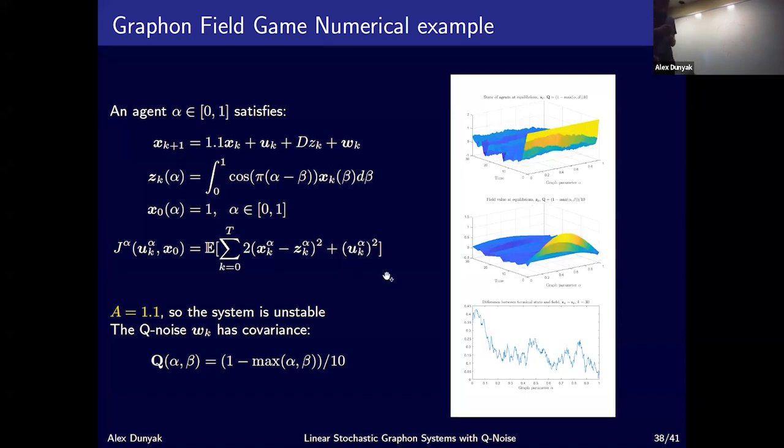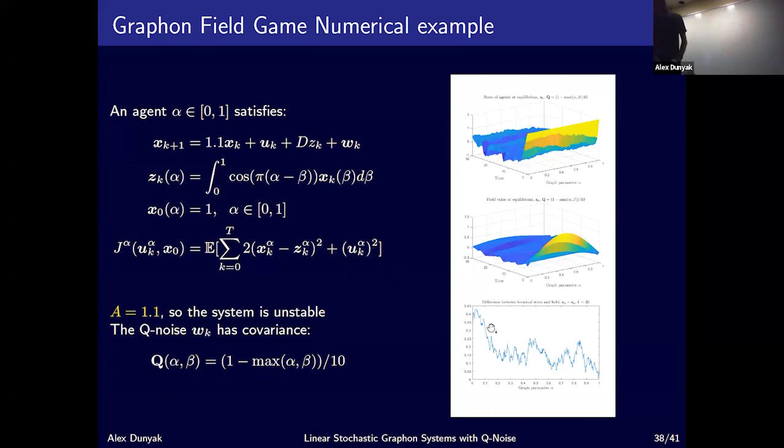Notably, because a is greater than 1 and it's a discrete time system, the system is unstable. And Q has the uniform attachment graphon covariance divided by 10, because if the covariance is too large, the system is just dominated by noise.